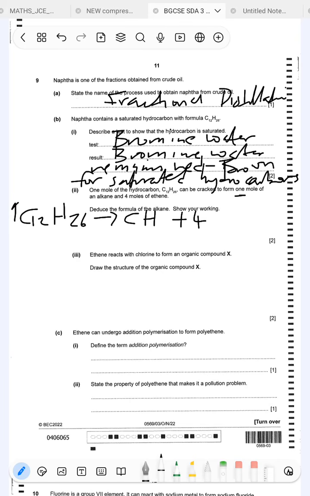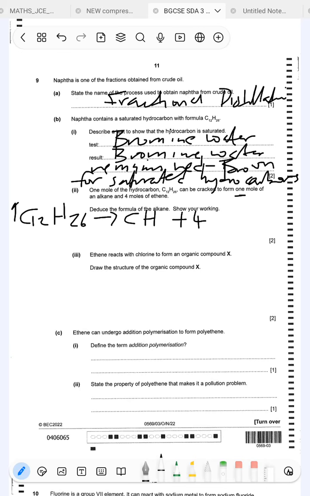Do we know the chemical formula of ethene? Yes, we know that because we know how to generate the compound, okay? So for us to do that, we need to remember how you get the chemical formula of the compounds, okay?